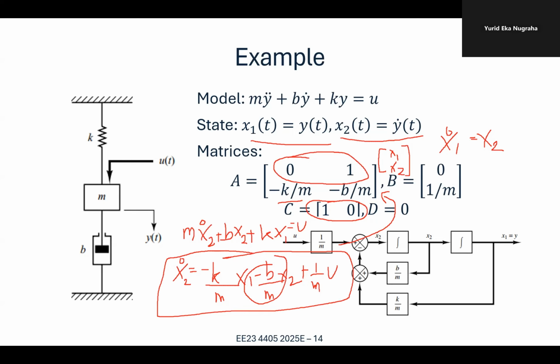So A, B, C, and D are all obtained. D is commonly set to be 0.